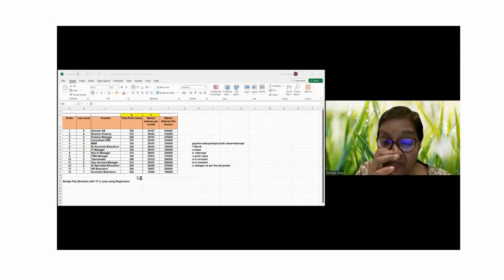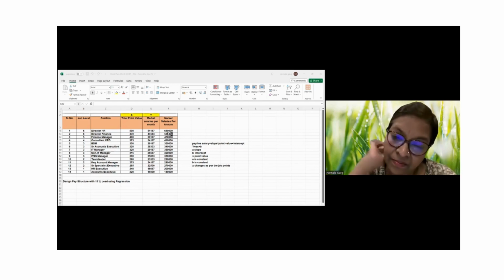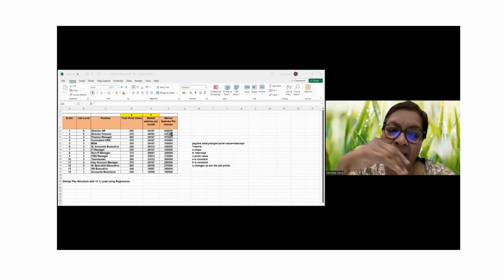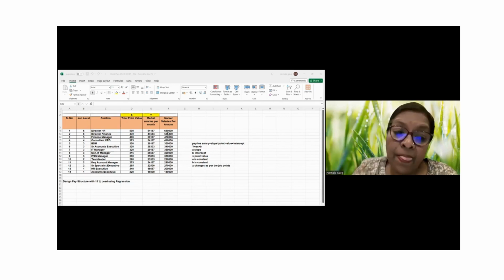Now, typically in compensation, the salary of every job is, step one, evaluated, and then it is benchmarked with the market data and then you are predicting how much you should pay. I repeat: step one, you are evaluating the job and finding out the worth of the job by calculating the point values.